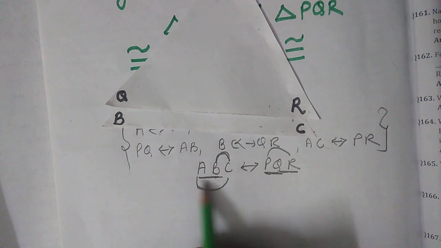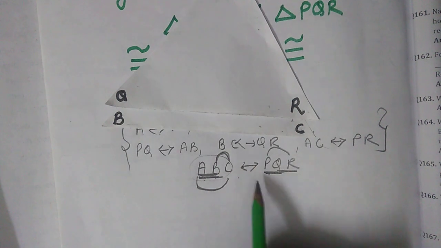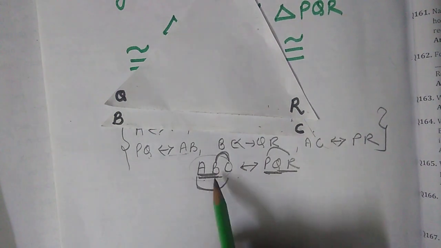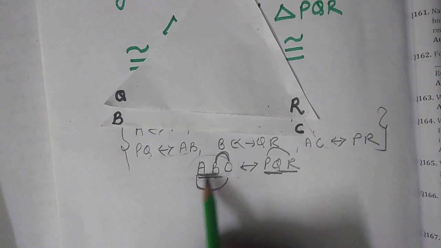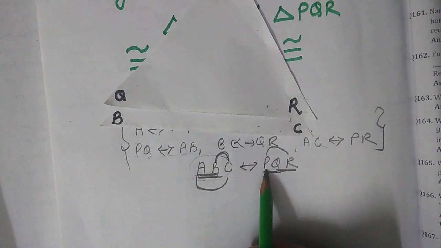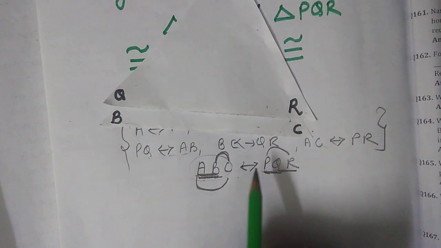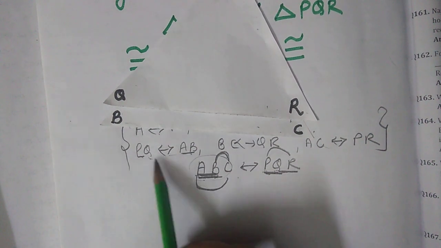How will you write? First, I have written the name of one triangle, that you can write as ABC. Then AB is corresponding to which side? PQ. So in first and second place there is AB, so here also in first and second place there must be PQ, because AB is corresponding to PQ.